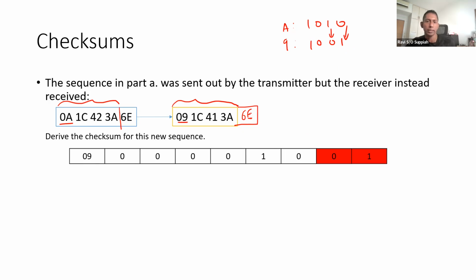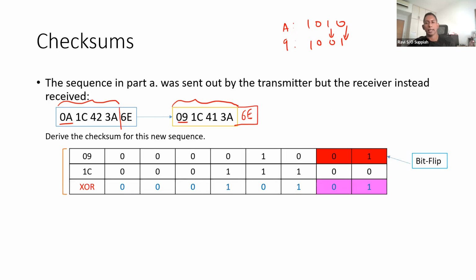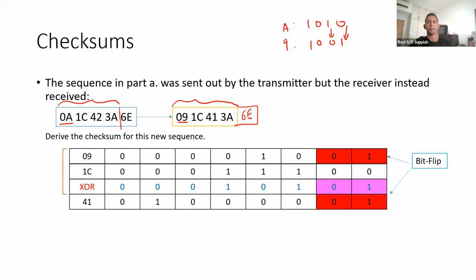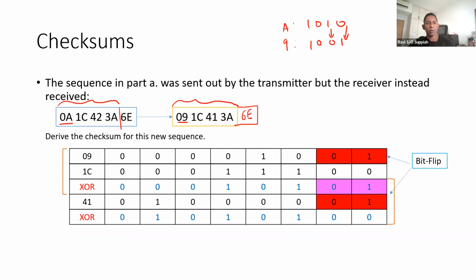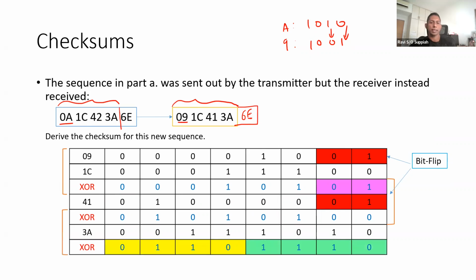So let's do the checksum computation. So first 09 exclusive OR with 1C. Okay, and then I get some results. And then I do the same exclusive OR again with the 41, and then I do one more exclusive OR with the 3A. All right, so I do all of these exclusive OR operations and I get the final checksum.